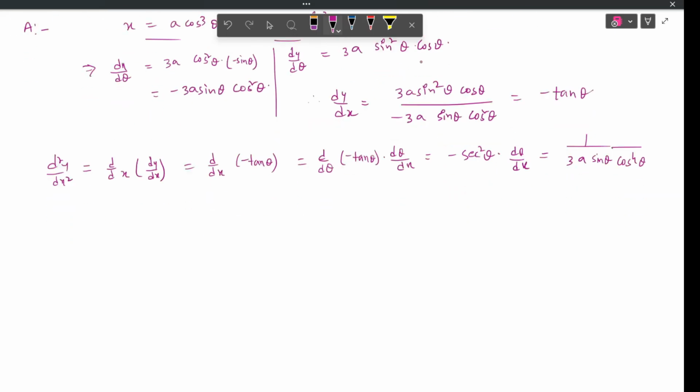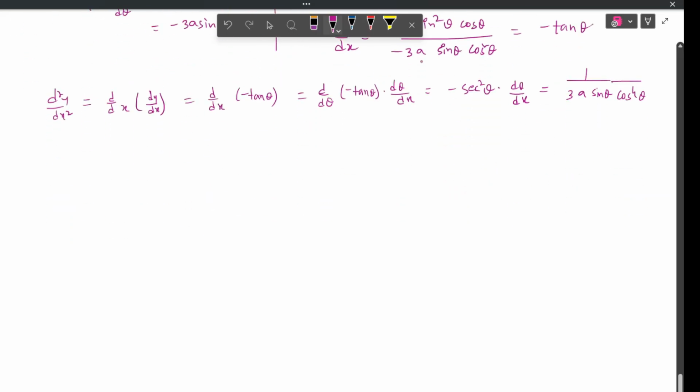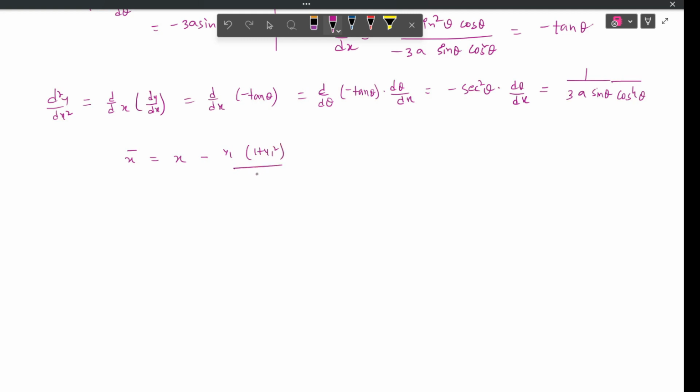Now let us say x bar, y bar be the center of curvature of the curve at x comma y. We know that x bar is x minus y1 into 1 plus y1 square by y2. What is x? x is a cos cube theta.